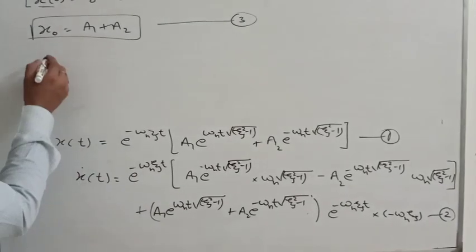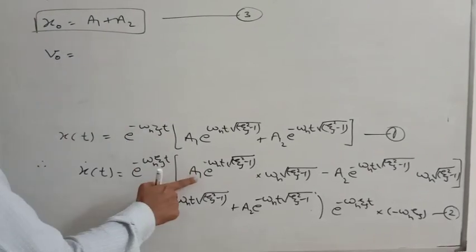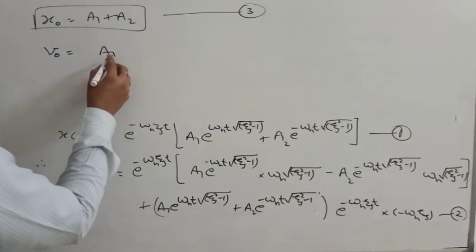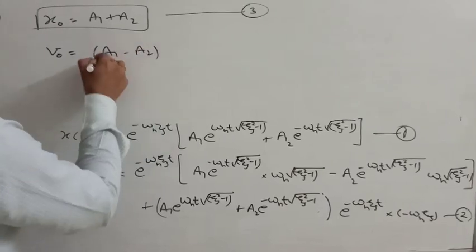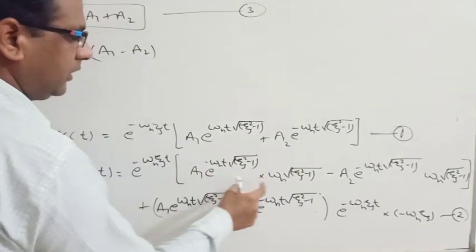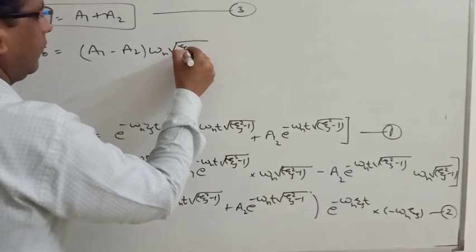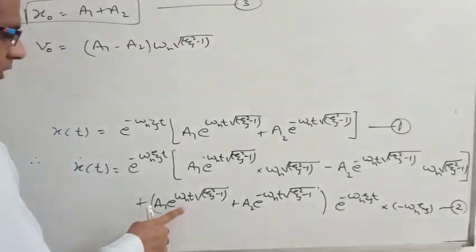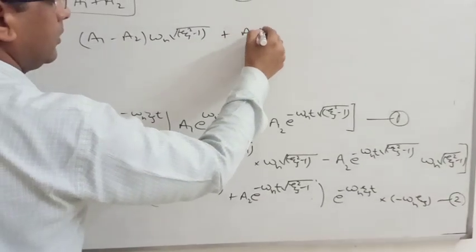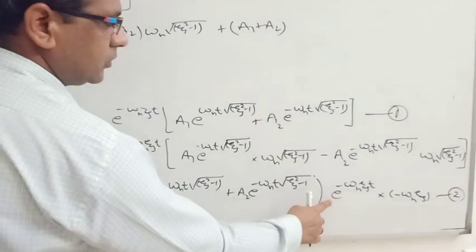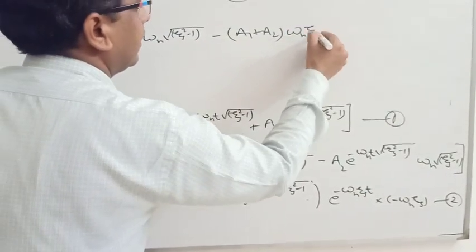By putting the value for the second boundary condition, v naught equals this is 1, this is 1, then a1 minus a2, a1 minus a2 common, omega n under root of zeta square minus 1, and this is 1, this is 1, that's why a1 plus a2, multiplied by this, that's why minus omega n zeta.